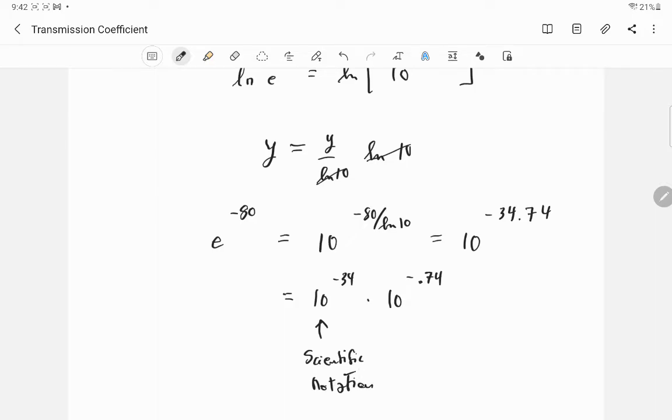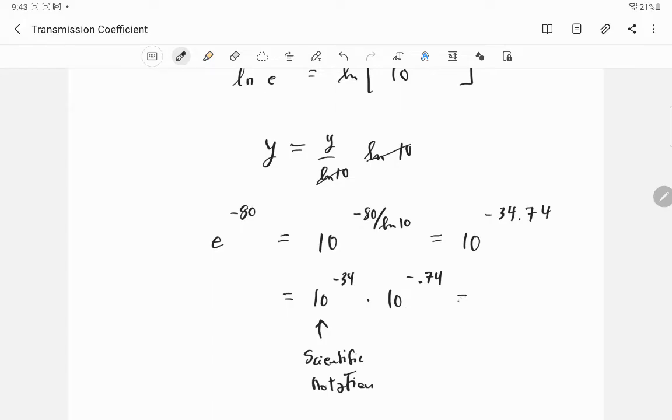So it automatically gives you the scientific notation, multiplied by a number, right? The scientific notation comes out naturally, and then you multiply by some number.